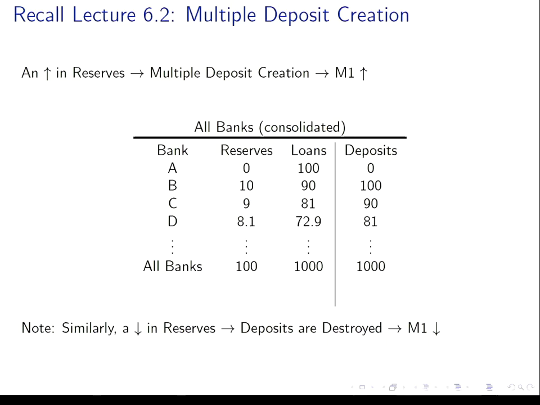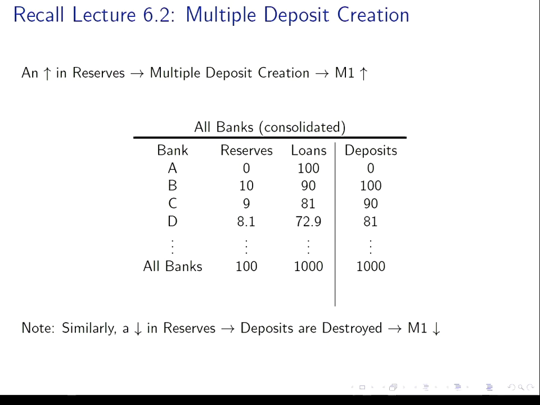Question? So with the multiple bank scenario, why is it the case that when someone from Bank A writes a check to someone from Bank B, the deposits in Bank A go down and go up in Bank B? I didn't get that question. Can you repeat that?